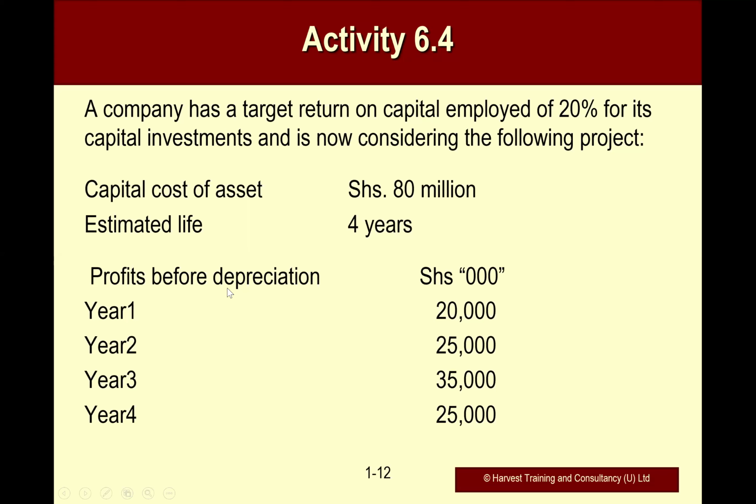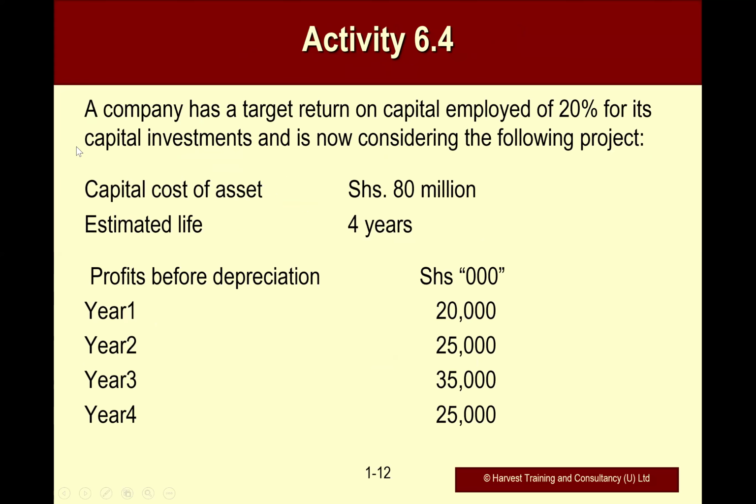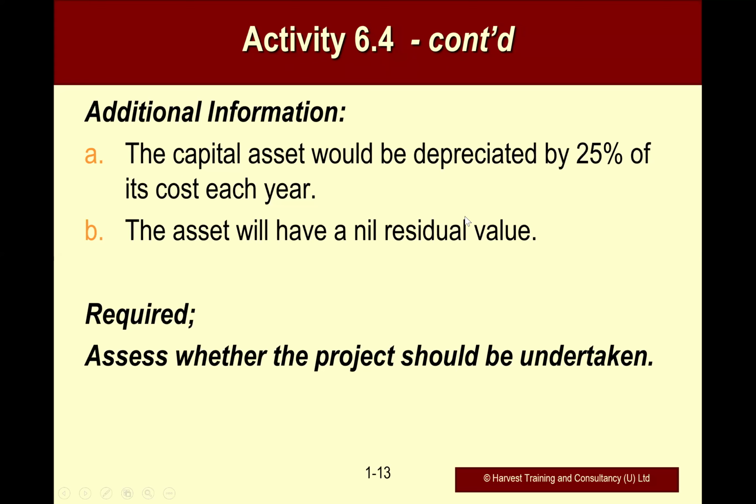Then we are told that the capital asset would be depreciated. This machinery, this asset here, we are told would be depreciated at 25%. Since we're talking about the accounting rate of return, depreciation does not miss out.